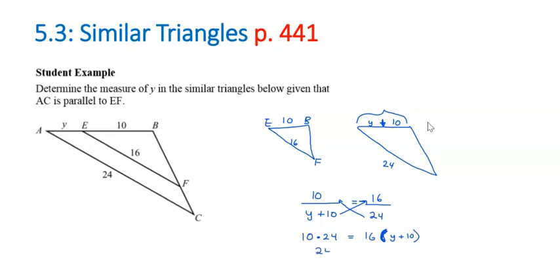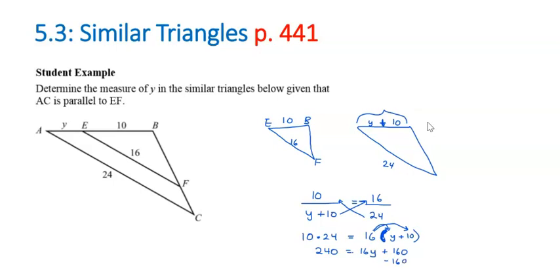10 times 24 is 240 on the left, and then let's distribute. 16 times y is 16y. 16 times 10 is 160. And now we can solve this two-step equation.